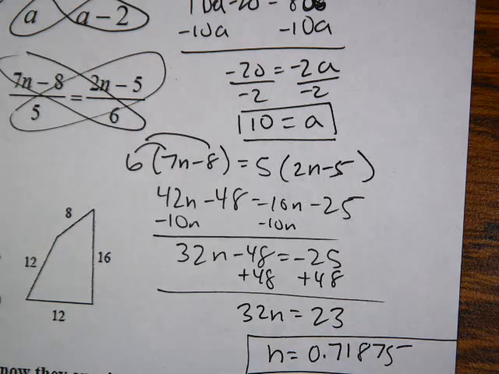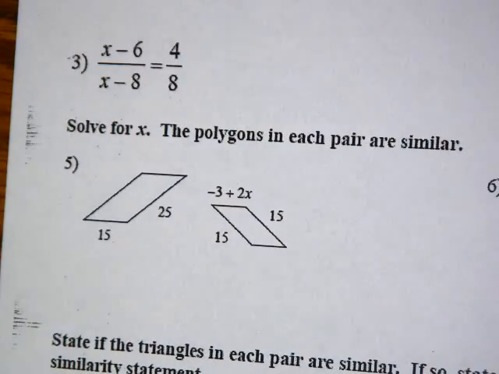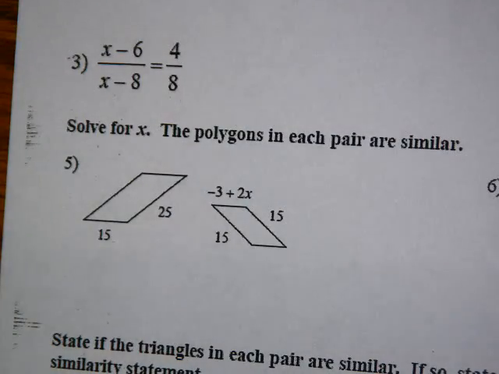On number 5, we're supposed to solve for x, and the polygons here, the shapes here, are similar. So anytime you have similar shapes, you should have their corresponding sides be proportional.